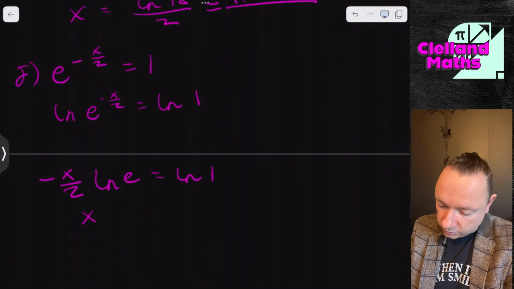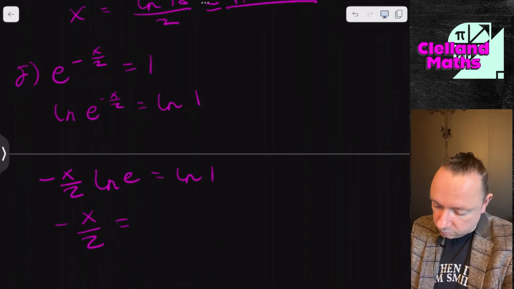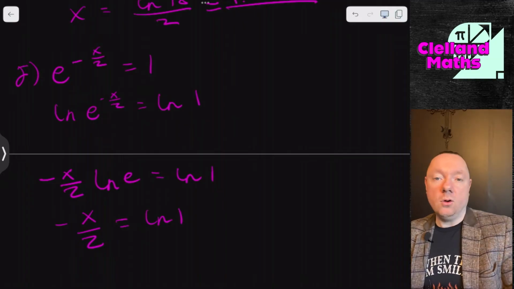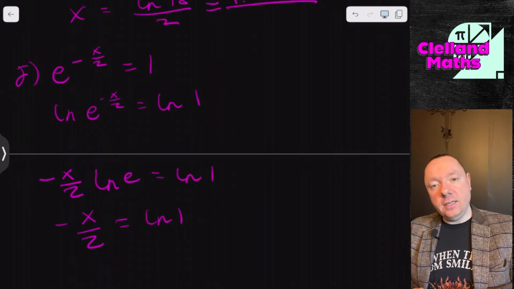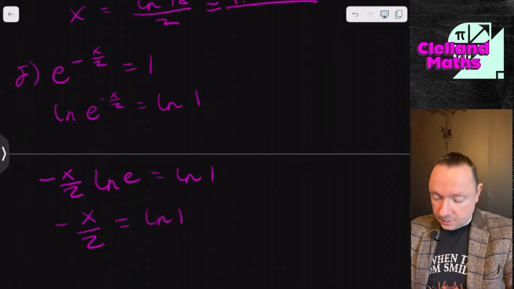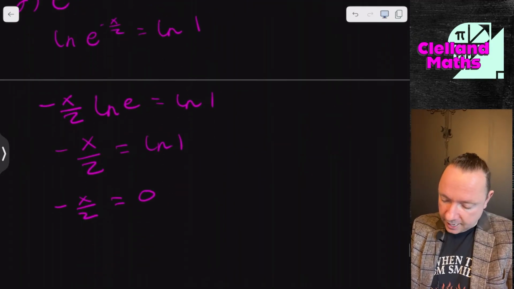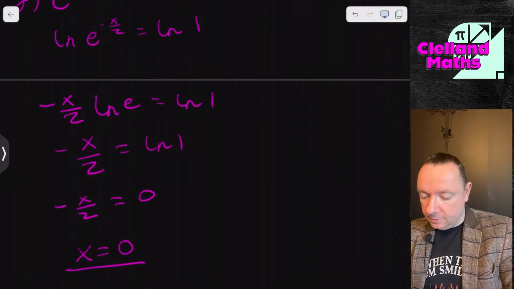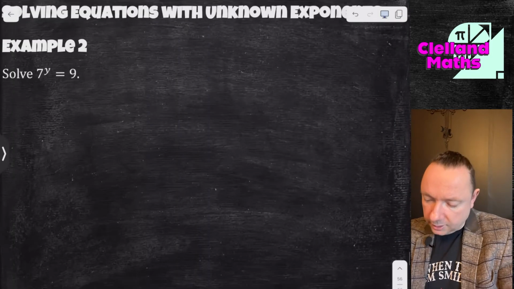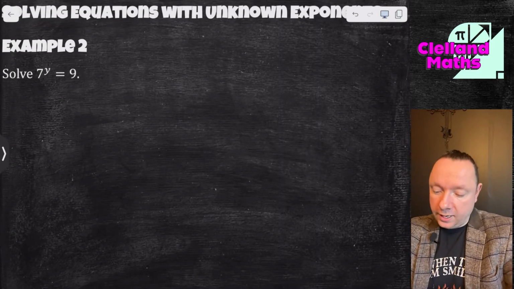That gives me minus x over 2 equals log of 1. Well, what's the log of 1? That's what you're asking yourself here. Log of 1 is 0, remember. Which means that x equals 0. And we're done there.